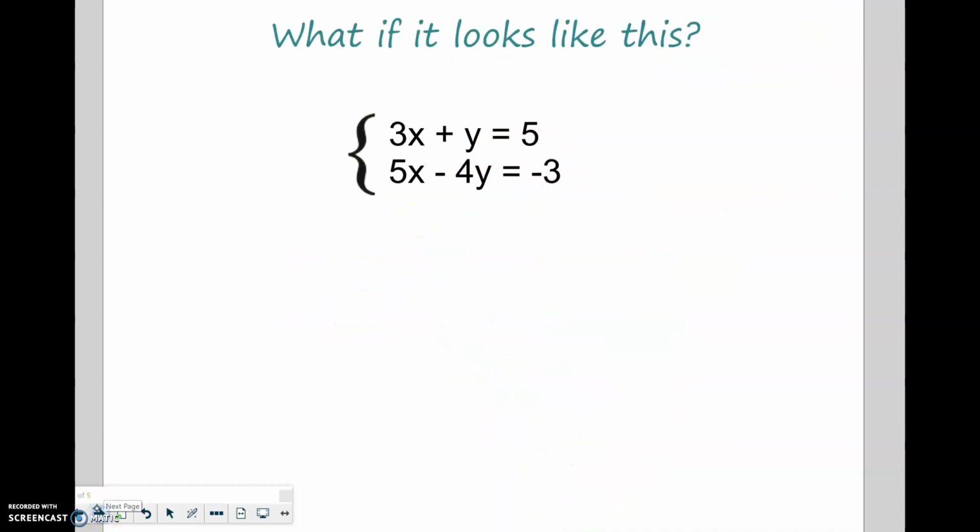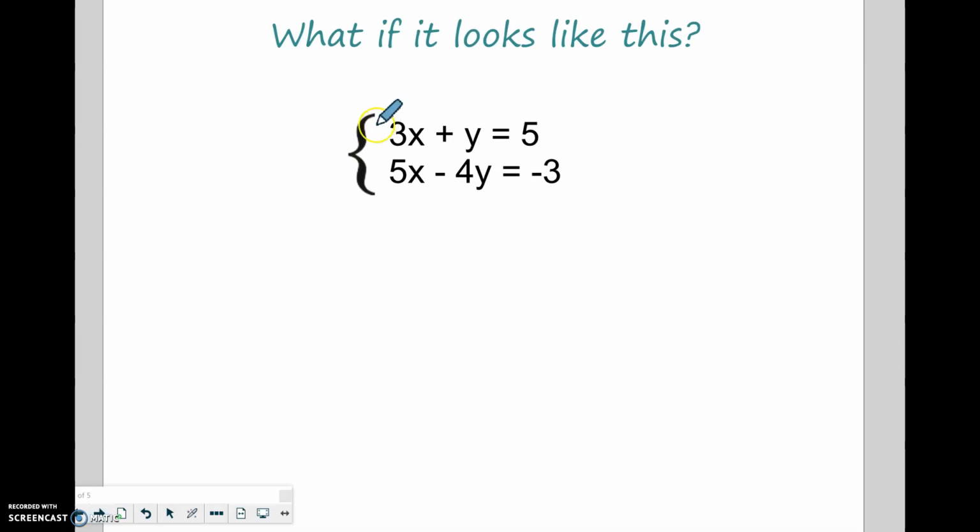So for the next few, what I'm going to show you is some different ways that you still can use the substitution method, but it might look a little bit different. See how on this one, we don't have one of the equations where it's y equals or x equals. If that happens, what you can look at is, is there one of the equations that I can pretty easily change so that I can use substitution?